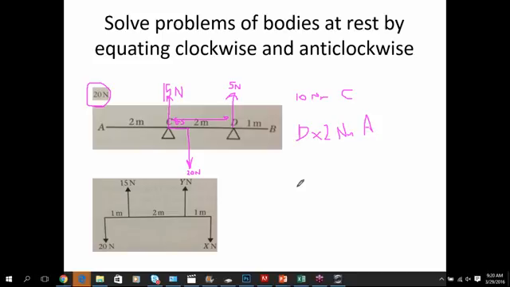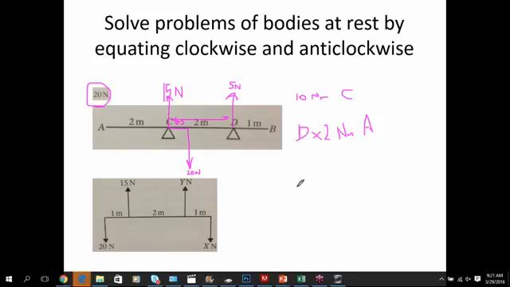What did you get for y? 35 and 96. And does that all balance? So we've got 35 going up plus 15, that makes 50.